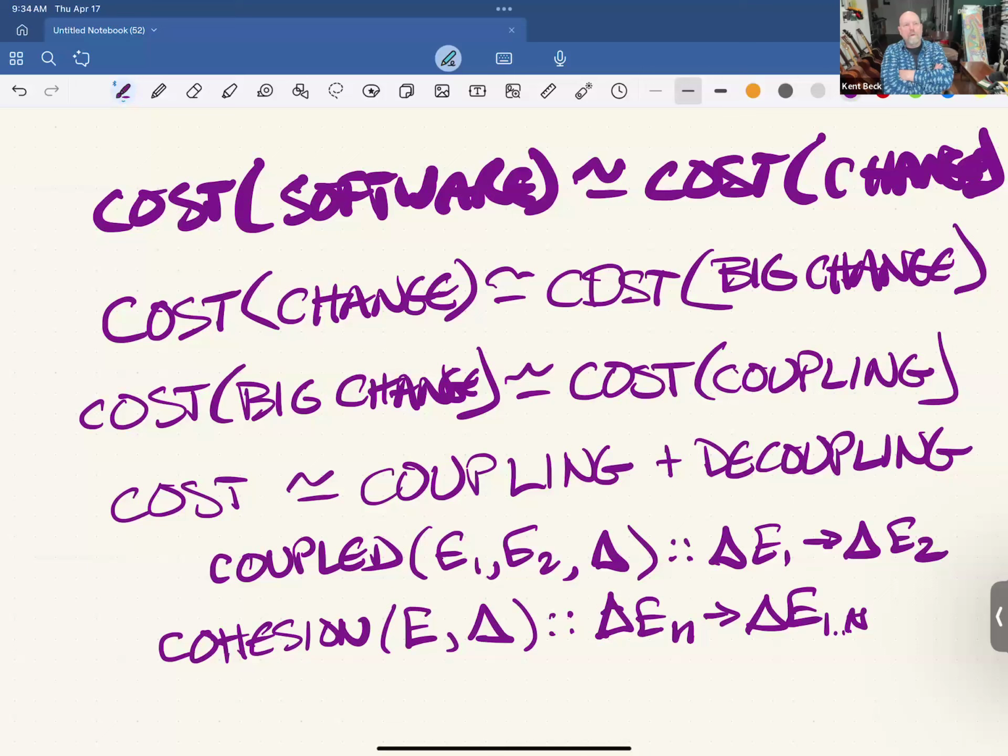An element is cohesive if all of its sub-elements are coupled, but isn't that bad? Don't we not want coupling? And here's the thing, this is a compared to what situation? If I have to change two functions in one file, that's better than having to change two functions in two different directories.